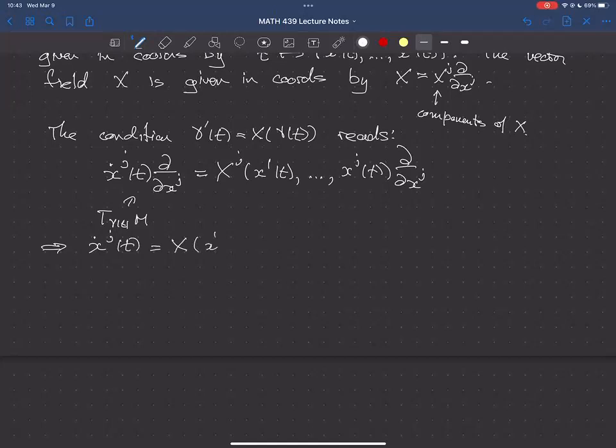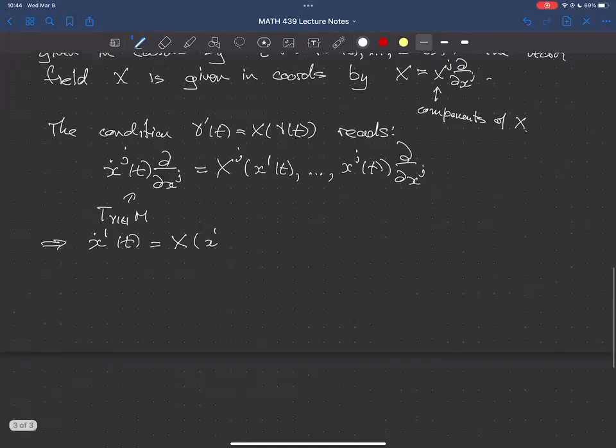I'm going to not use summation convention notation here, in order to try to make the interpretation of this clear. I'm going to write this out component by component, starting with the first component.